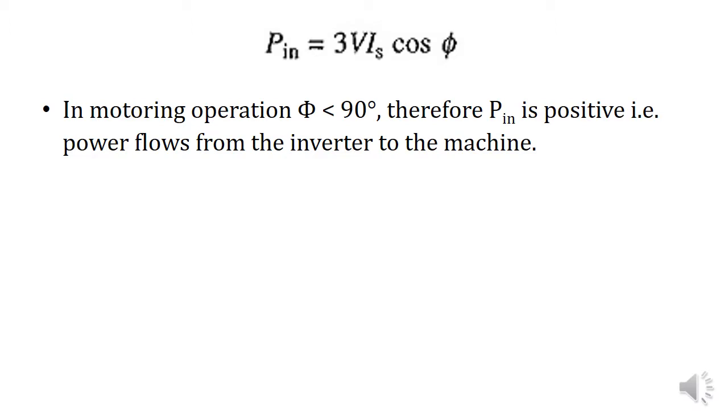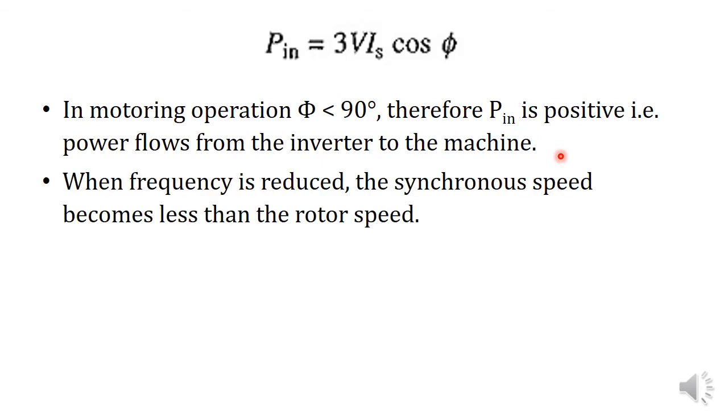The same concept is discussed here. In motoring operation, phi is less than 90 degrees, therefore Pin is positive, that is power flows from inverter to machine. Now how does it shift from motoring to braking, that is the second quadrant?